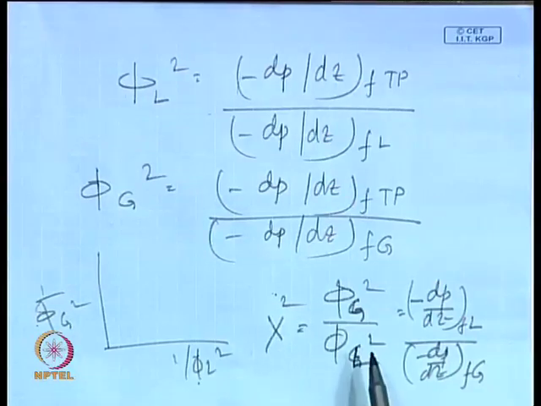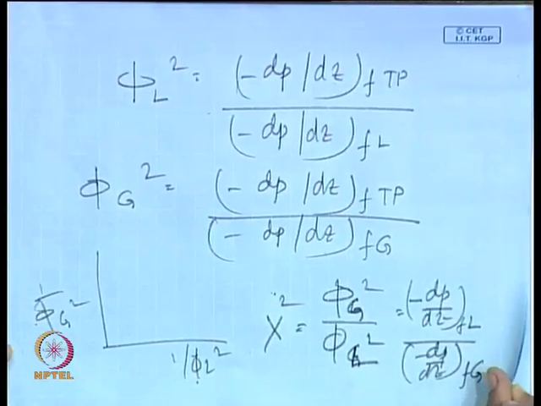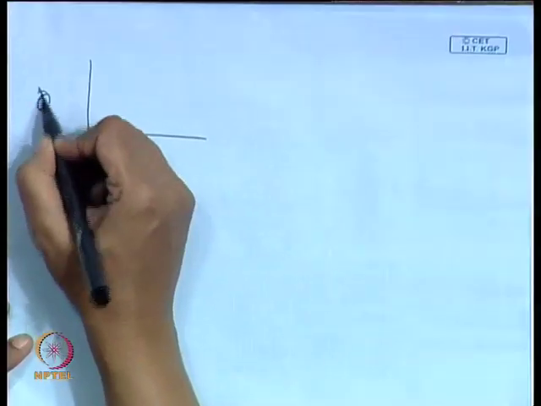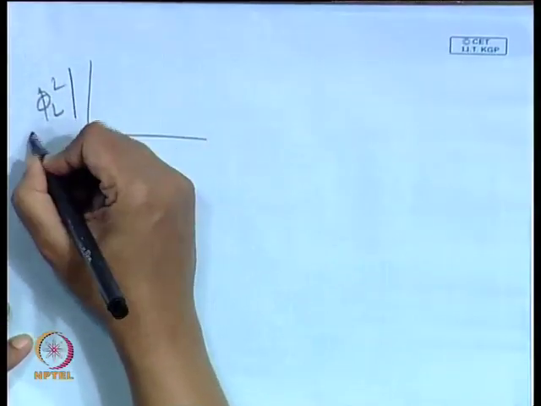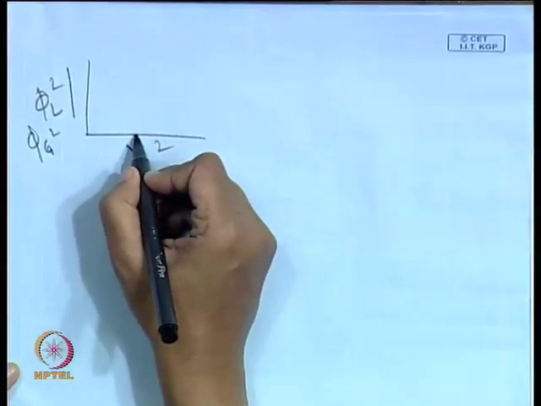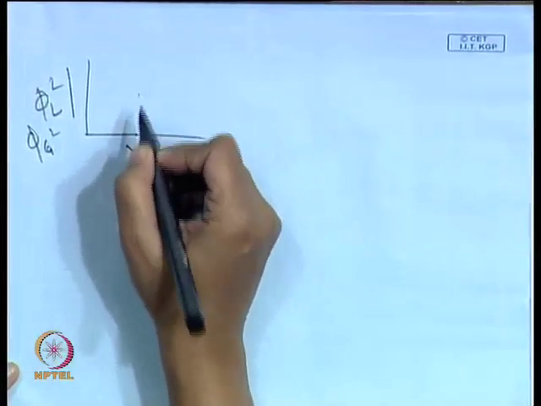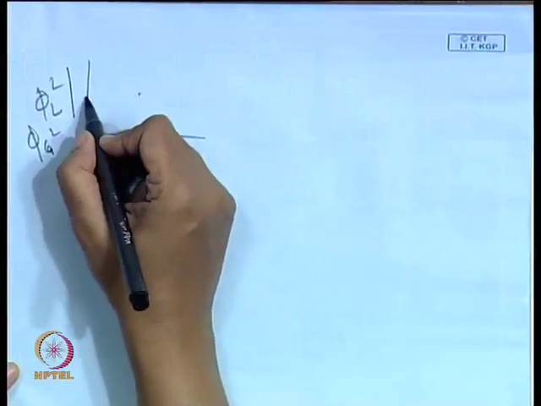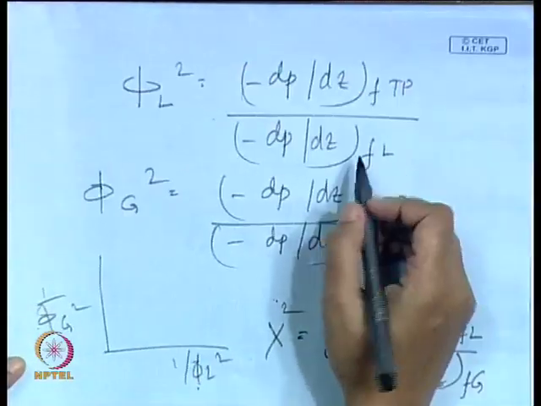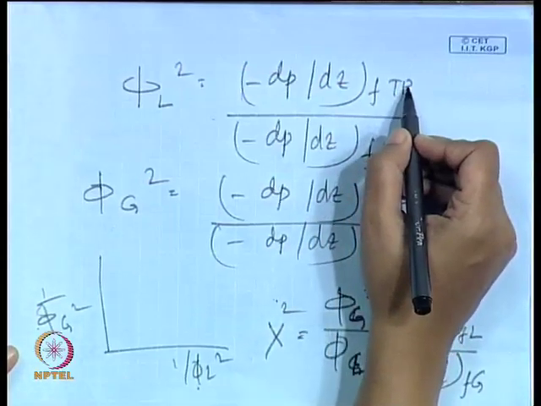Remember this. Okay. So the next attempt which was made was to plot phi L square, or it can be phi g square, as a function of x square. Once we can find out x square, the curves are there, we can find out phi L square, we know dP dz F L, so we can find out the two phase frictional pressure gradient.